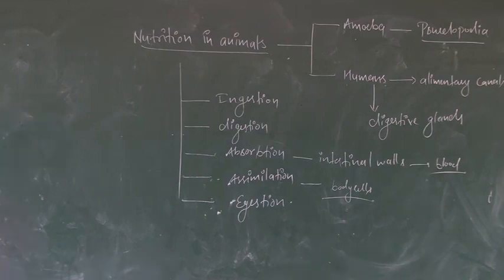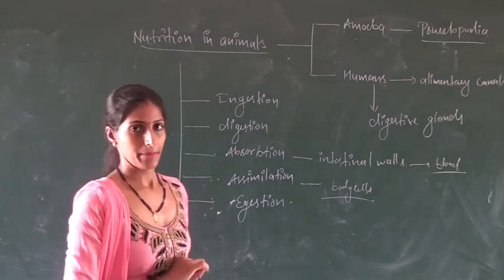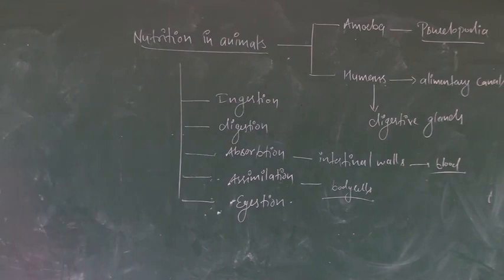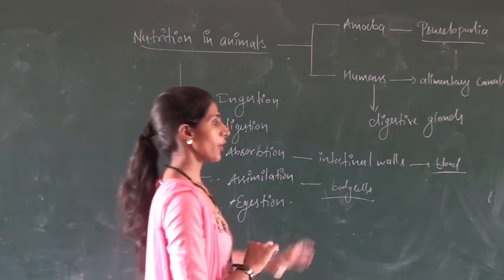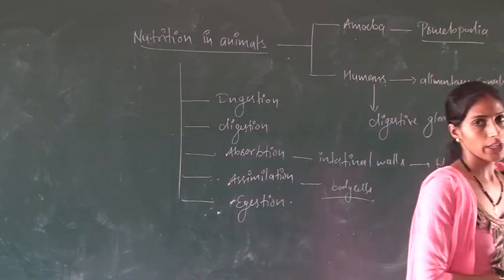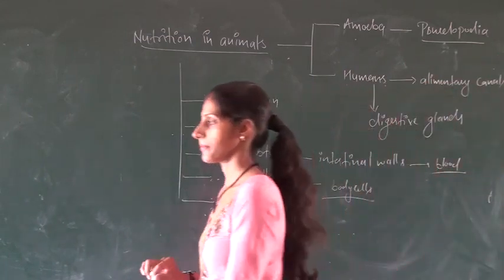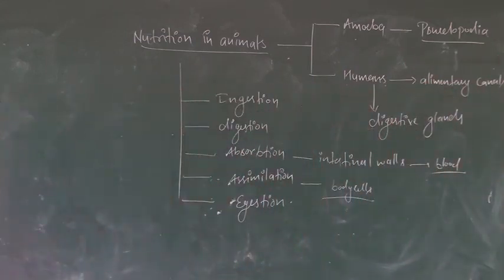Amoeba is a unicellular organism. What is amoeba? A unicellular organism that lives in water, and its mode of nutrition is the holozoic mode of nutrition. After that, these steps are followed. First is ingestion.